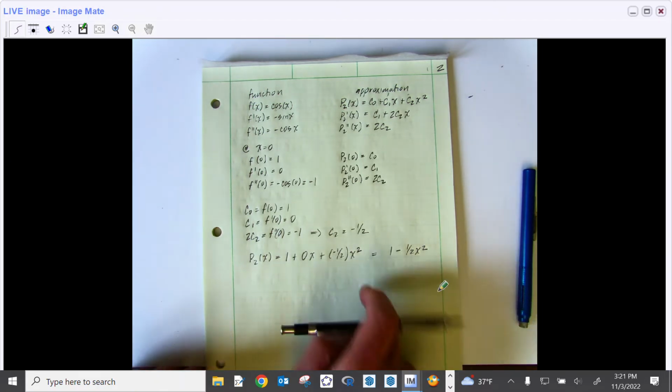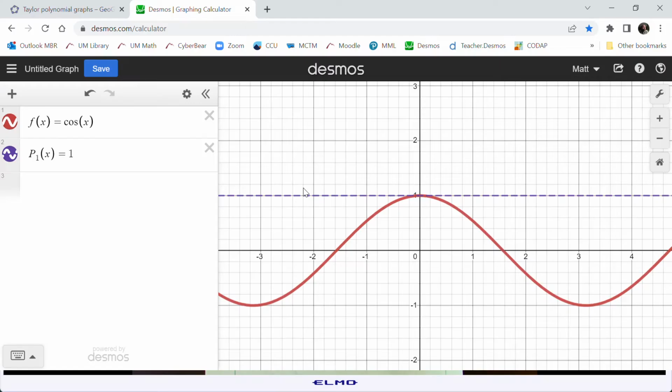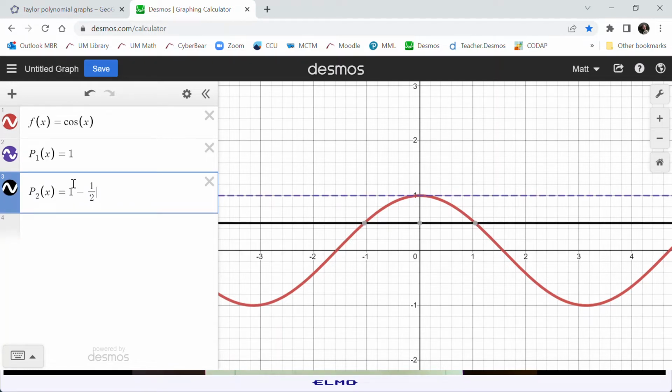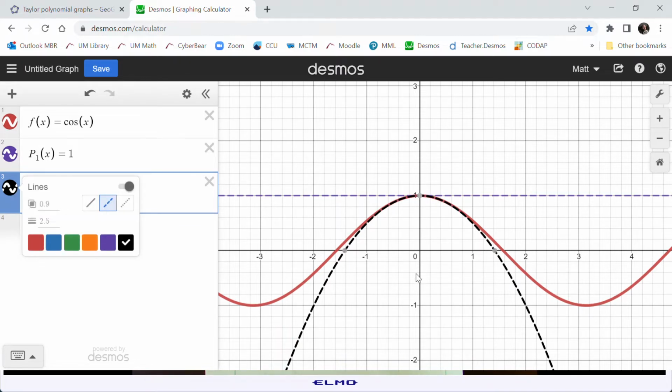But let's just see how it fits on Desmos, see if it seems like the right guy. P sub 2 of x is equal to 1 minus 1/2 x squared. And boy, that looks really nice. Let's make that guy dotted.